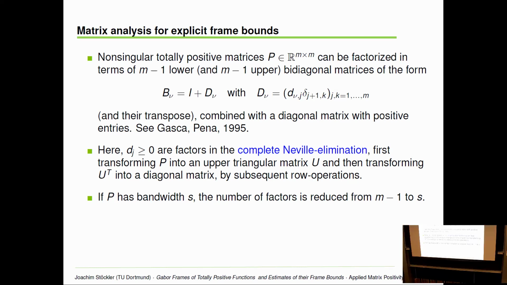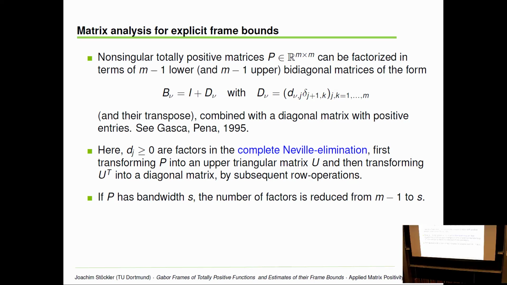Then you take your n minus first and n minus second row, get a 0 here, walk your way up. This is Neville elimination, explained very shortly. And the multipliers in Neville elimination are those parameters in some way. And then they rearrange those elimination steps in order to get only down to M-1 such bidiagonal matrices with non-negative entries.